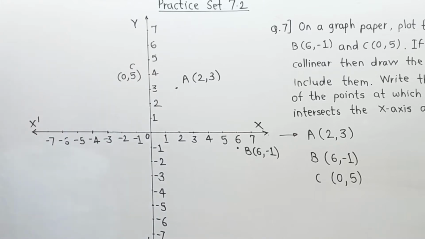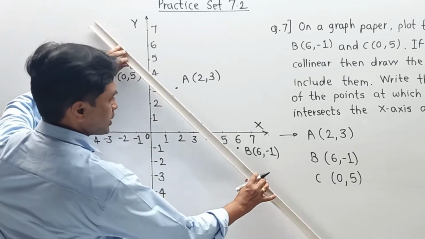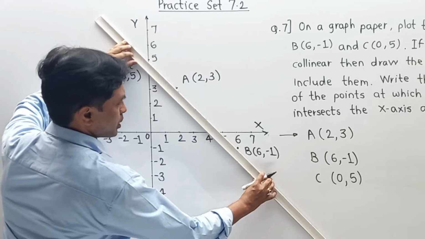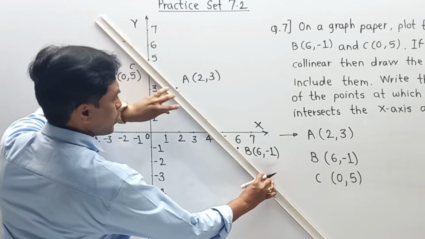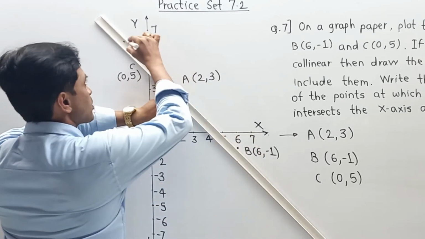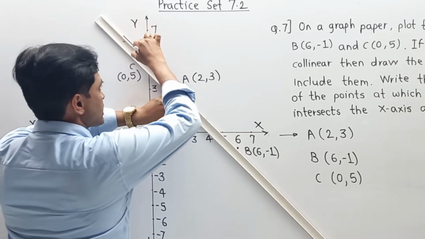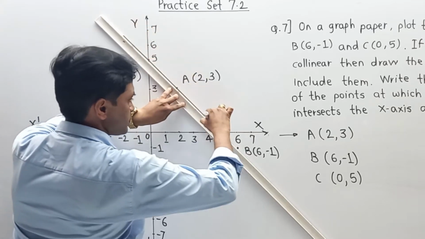In that case, I am going to take a scale and check whether these 3 points are collinear or not. If all these 3 points pass through the same line, then definitely we can say that these 3 points are collinear.